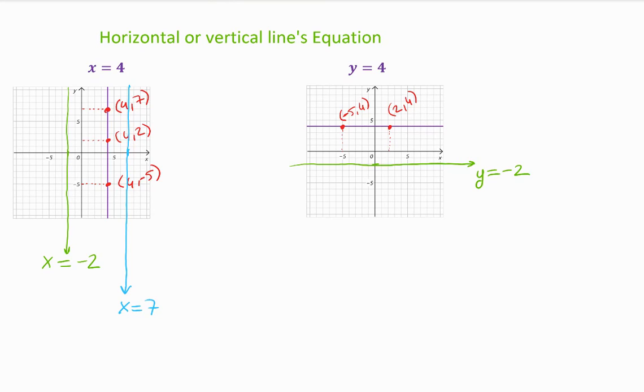Okay. How about y equals 7? So y equals 7 is something here, because y is 7 here. Okay. Hopefully it helps.